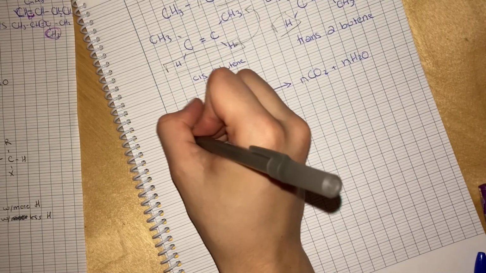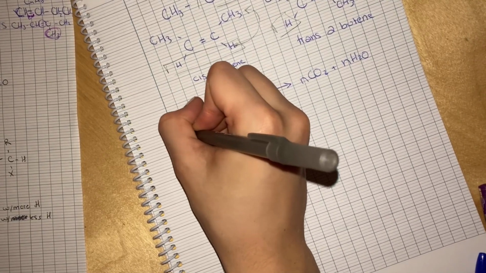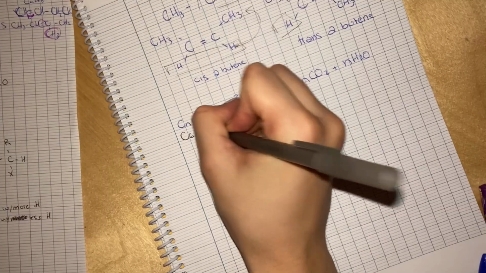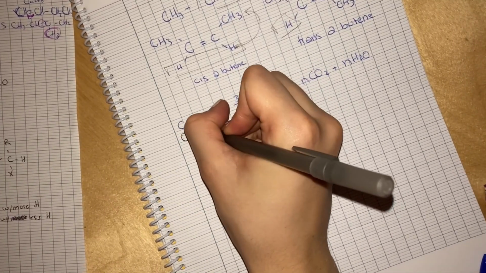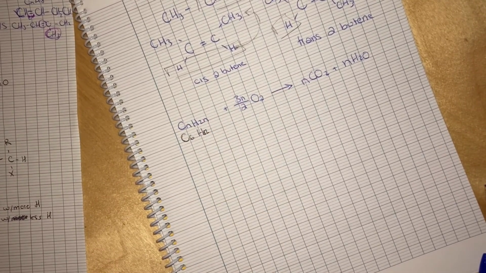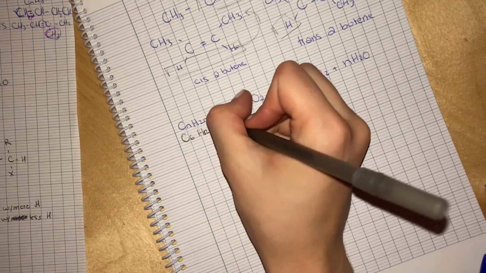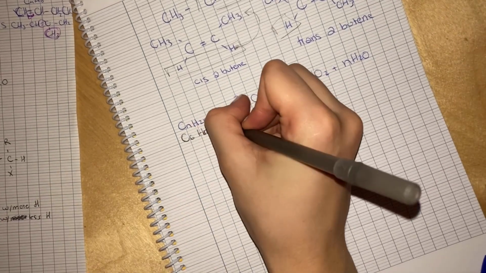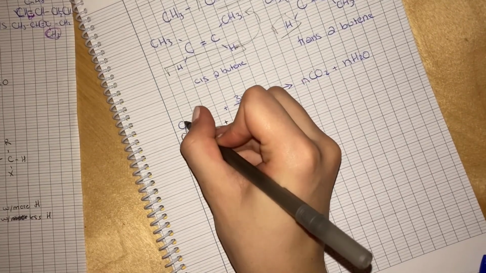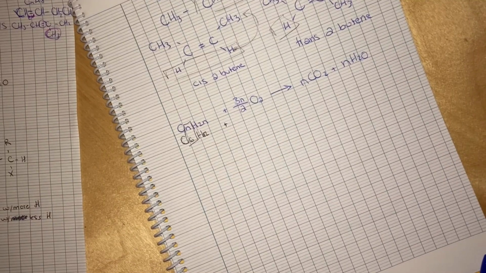Let's say we've got the compound C6H12. Let's try and figure out how to fill in the rest of this. If you want, take a second and try and solve it yourself. What is the combustion reaction of this alkene? All right, so we notice that n in this case is 6.